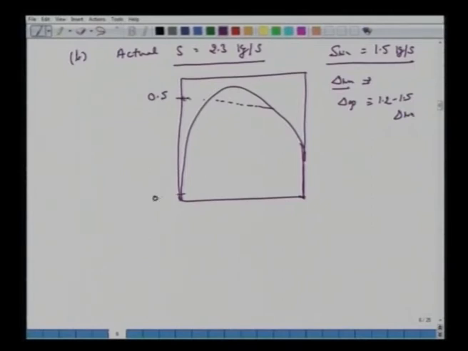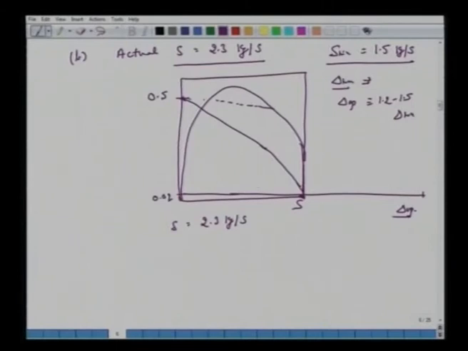We are adding it with the feed F, connect to this S, so we can get XM as F into XF plus Ys into the amount of S, Ys is of course 0, over F plus S. So we have 2.25 into 0.5 over 2.25 plus 2.3. If we calculate, we have 0.246.